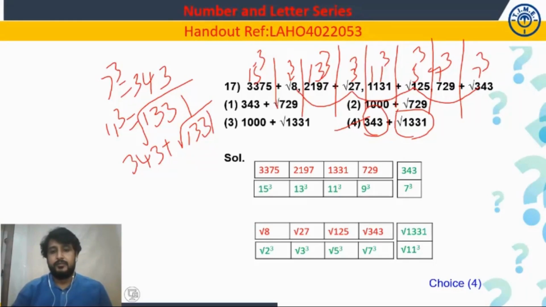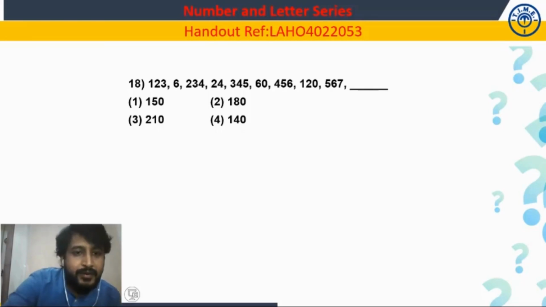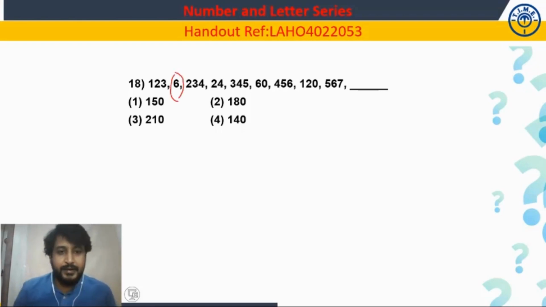Okay. Now move to question number 18. 123, 6, 234, 24, 345, 60, 456, 120, 561 and blank. Okay. It is also a bit typical logic and it comes under the digit logic questions. What does digit logic mean? What is the given number here? 6, right?